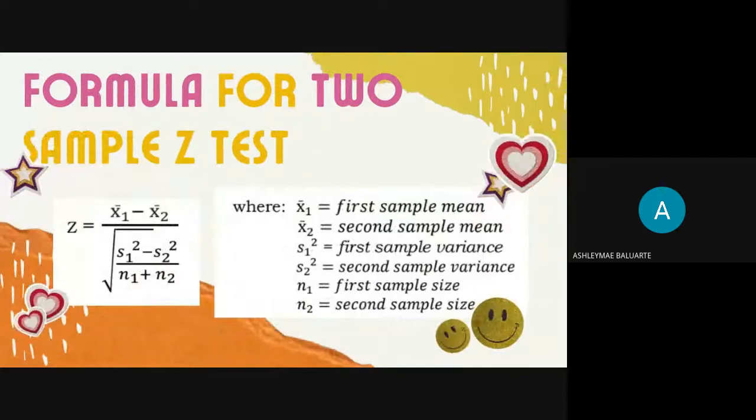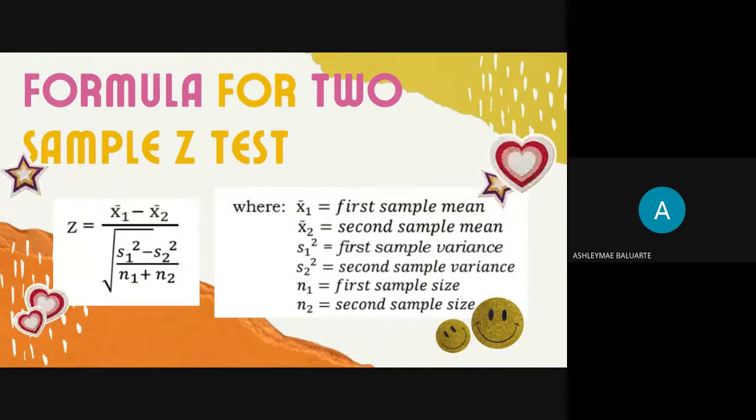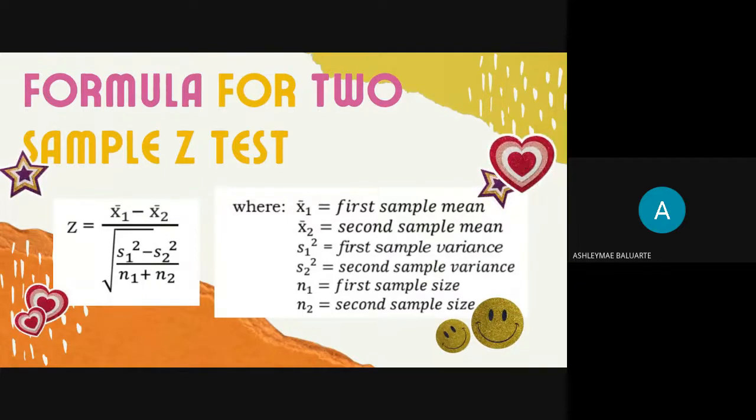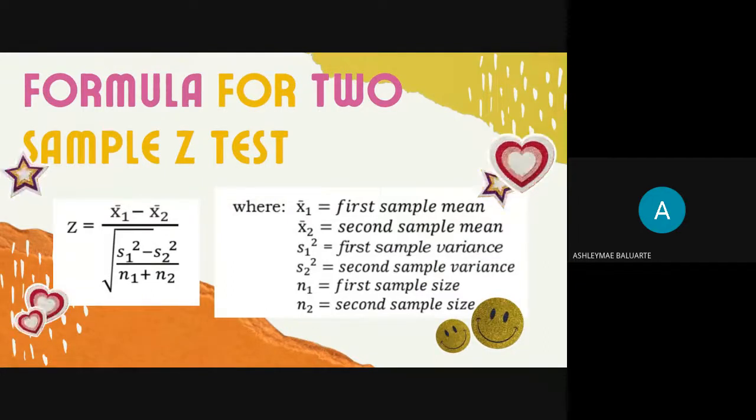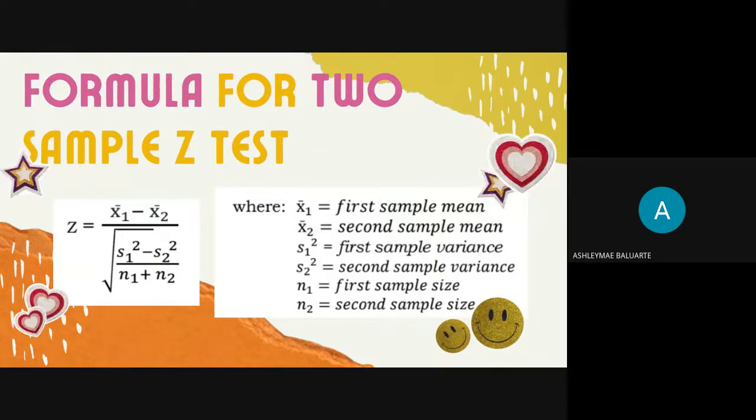Here's the formula that we're going to use for the two sample Z test. Z is equal to x sub 1, or the sample mean 1, minus x sub 2, divided by the square root of standard deviation squared over n1 plus standard deviation squared over n2.